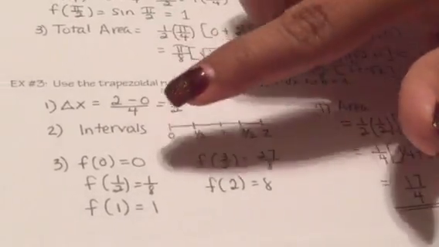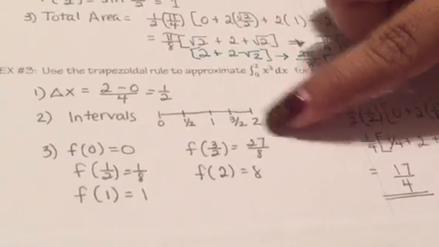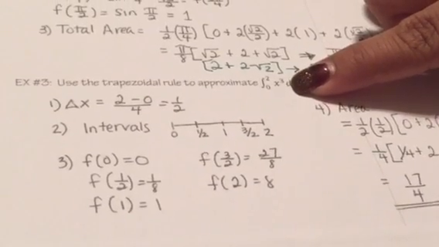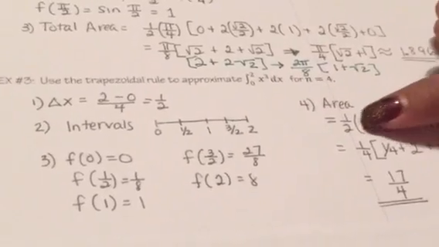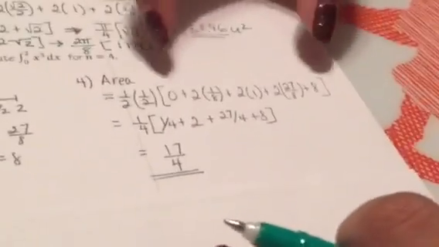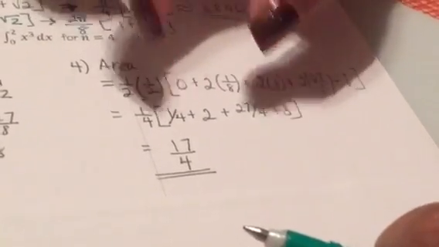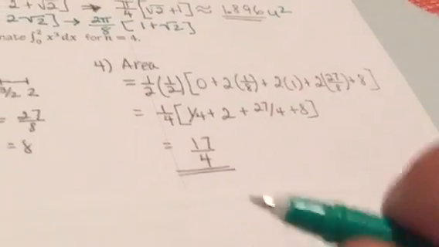So our intervals will go 0, half, 1, 3 over 2, and 2. We plug our intervals into our function to find our bases, and then we can calculate the area. Half from the formula times half from our height times our base 1s plus our base 2s. We calculate the inside, multiply the outside, and simplify, which gives us 17 over 4 units squared.